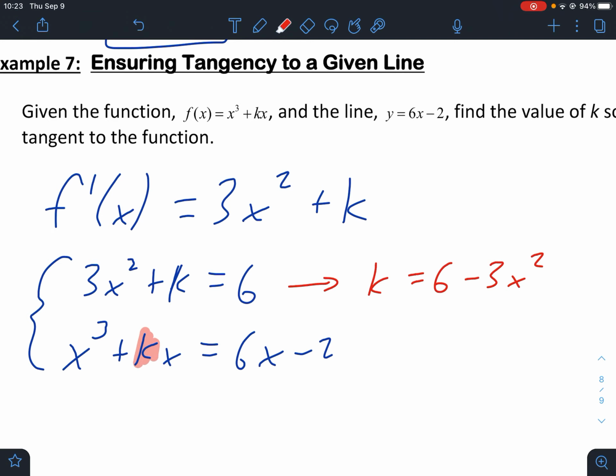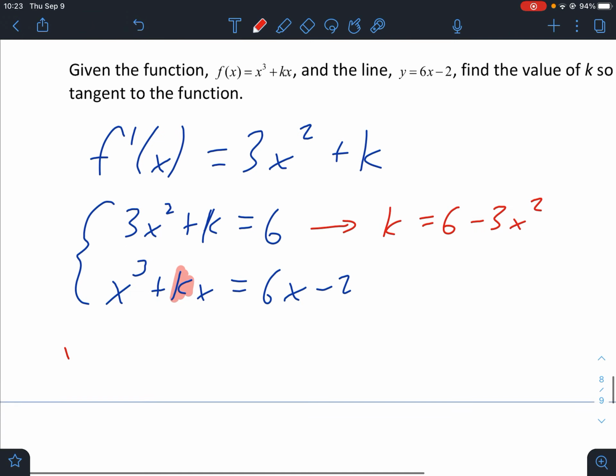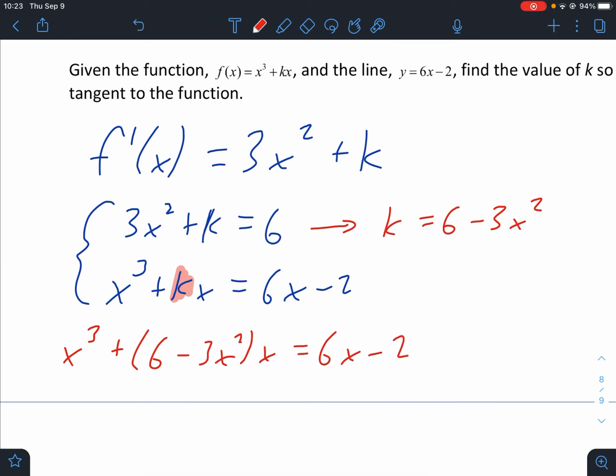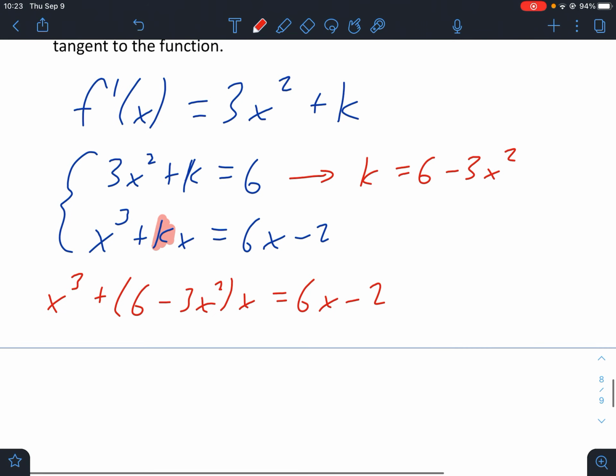And if I put that in here, my equation becomes x cubed plus 6 minus 3x squared times x equals 6x minus 2. Now it's just a matter of solving this equation using our algebra skills.